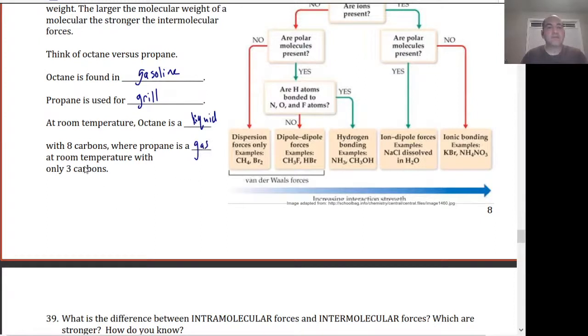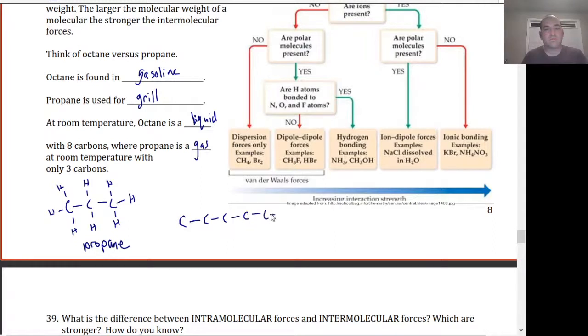And if we look at the structures of those, propane is 3 carbons and 8 hydrogens, whereas octane is 8 carbons and 18 hydrogens.